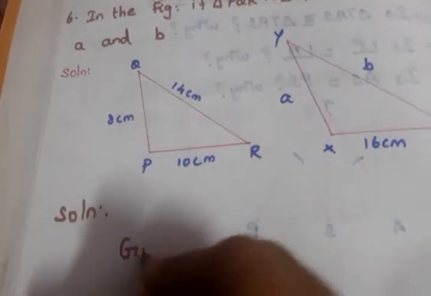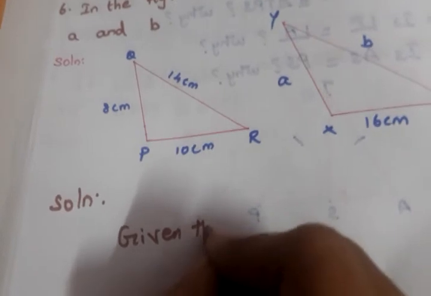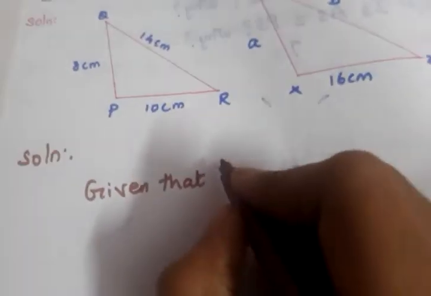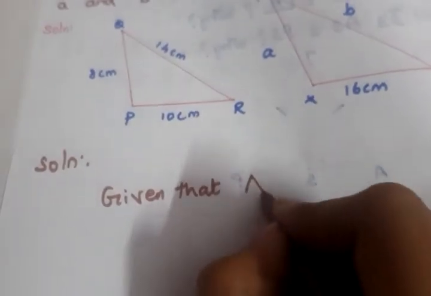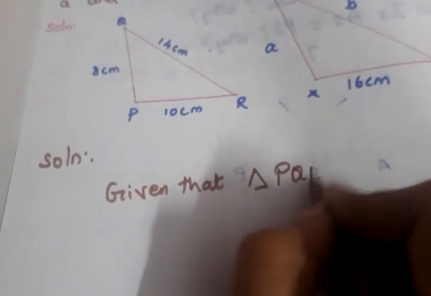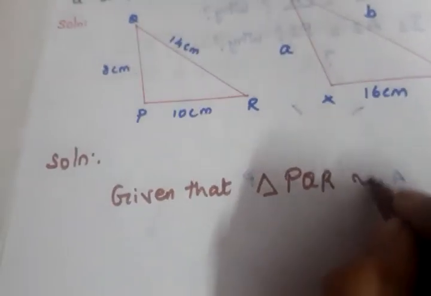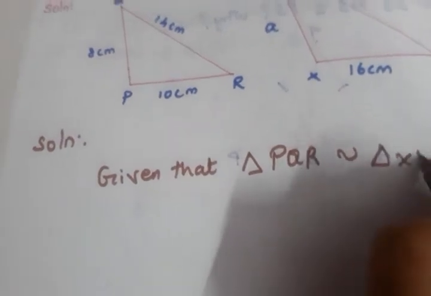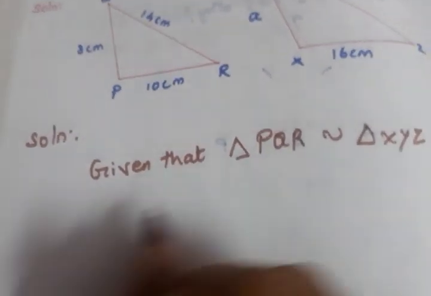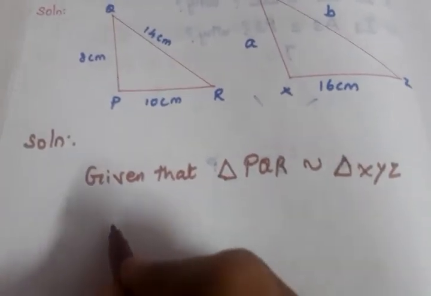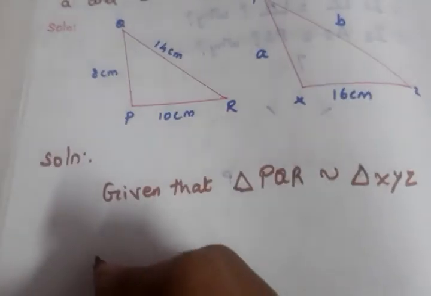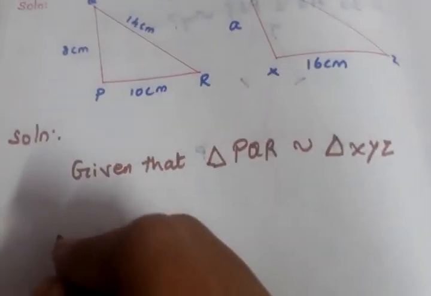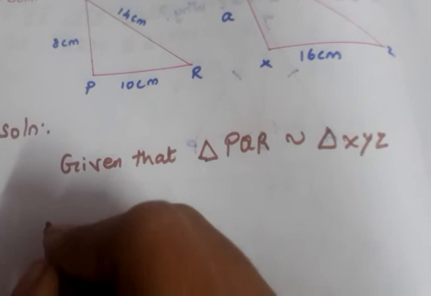Solution: given that triangle PQR is congruent to triangle XYZ. So corresponding sides are proportional. Corresponding sides are proportional means they are equal, that is a ratio.